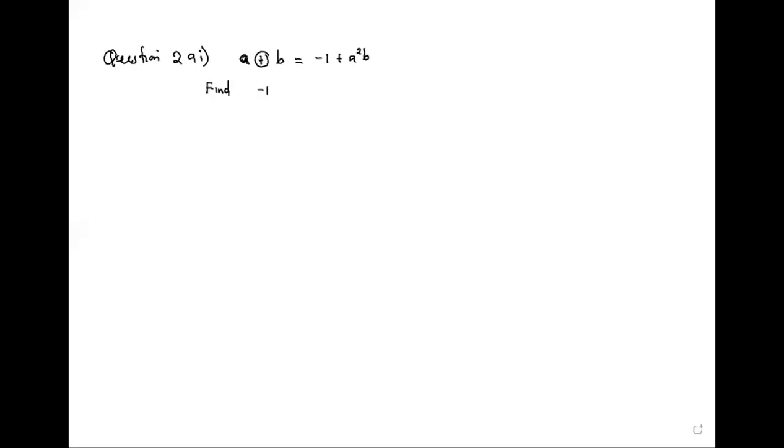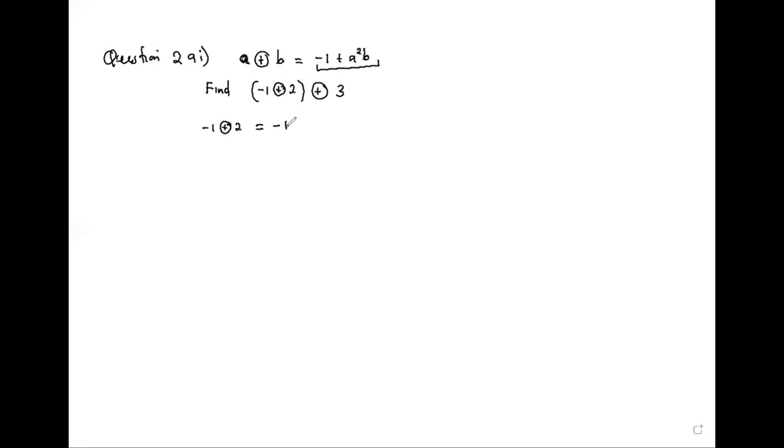Okay. So A plus B is equal to -1 plus A squared B. We must find -1 plus 2 plus 3. So you first get the first brackets there, -1 plus 2, and define it in that definition.